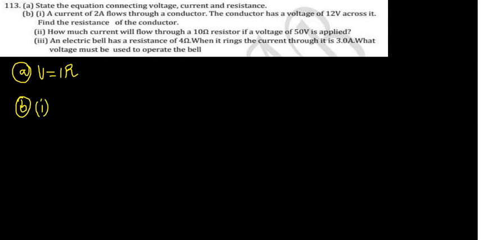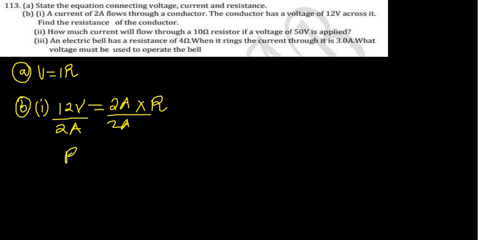Part 1: a current of 2 amps flows through a conductor. The conductor has a voltage of 12 volts across it. Find the resistance of the conductor. So where there is V, I'm going to put 12 volts, and that is going to be equal to, where there is current, 2 amps, multiplied by R. We want to find R, so divide both sides by 2 amps.